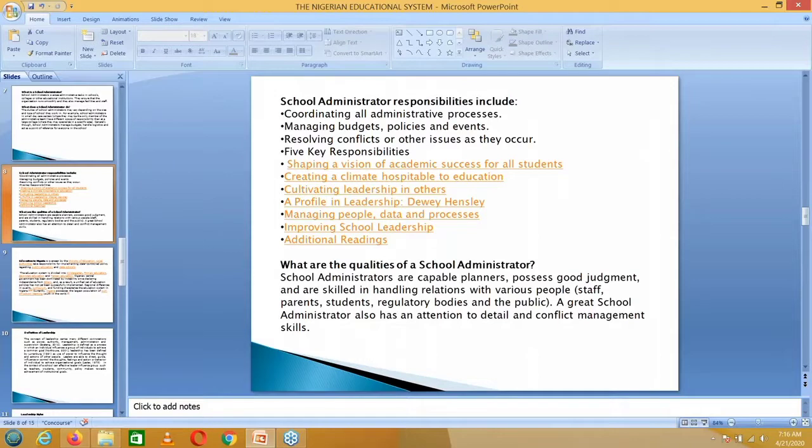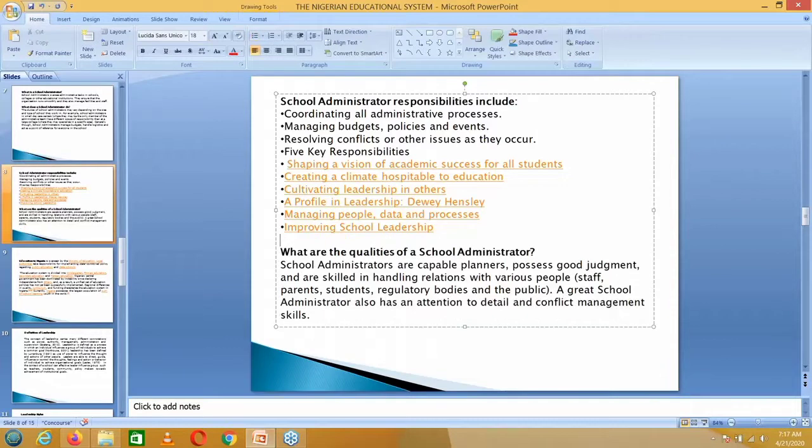So a school administrator is to cultivate leadership skills to enable him to carry out all his administrative work or processes. Now, a school administrator manages the people, the data, and the processes, improving school leadership.